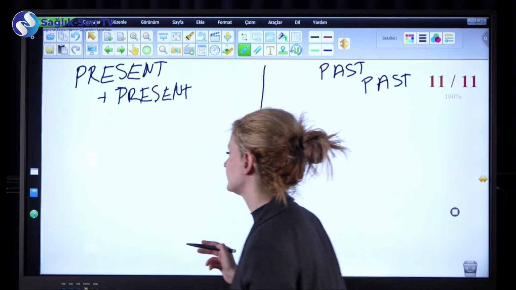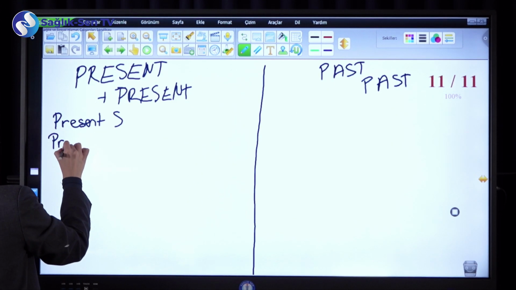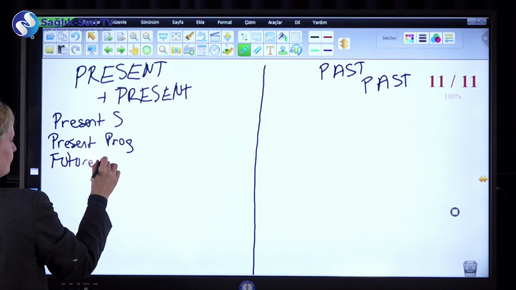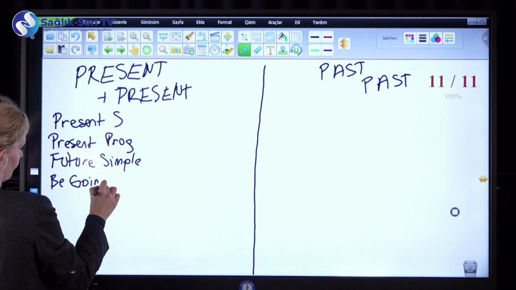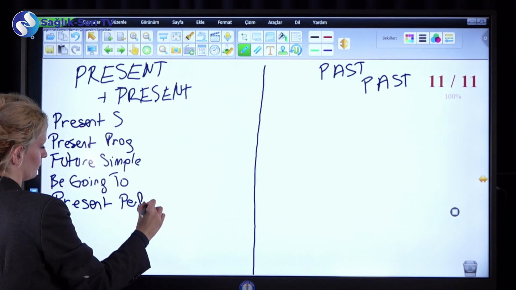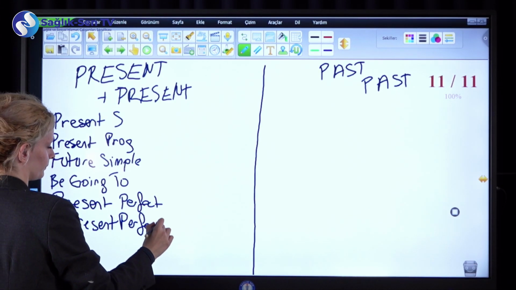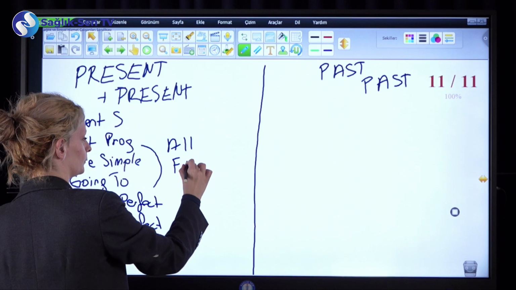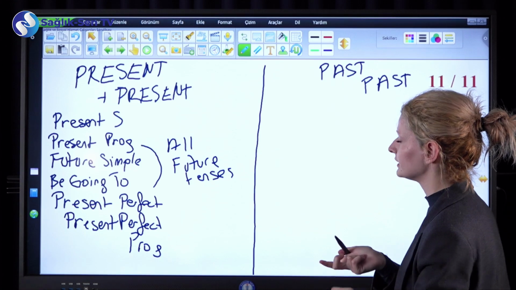What are presents? As we have studied before: present simple, present progressive, future simple, be going to in the future, present perfect, present perfect progressive. So actually all future tenses, for example, future perfect progressive.